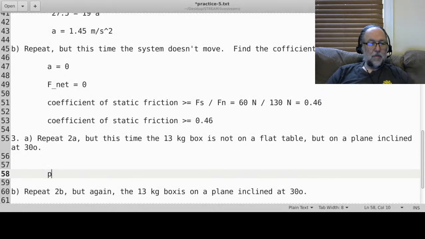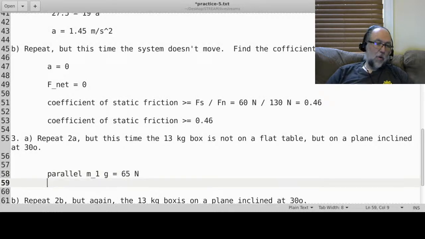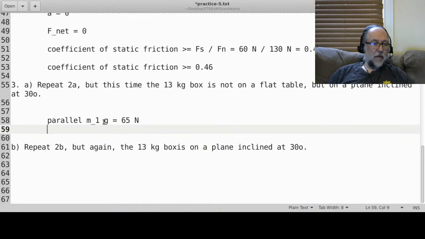Okay, so we have the parallel component of gravity, m1g, and it was equal to 65 newtons. I don't know why I'm doing the parallel first, it doesn't matter. And then the perpendicular component, m1g, was equal to 112.6 newtons.